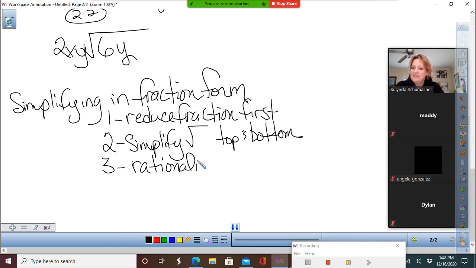Did Mrs. Lacey go over rationalize with you guys? Possibly? That's when there's a radical in the denominator. Okay. All right, thank you. That'll help. And then step 4, we simplify again. All right, so I guess let's define rationalize.